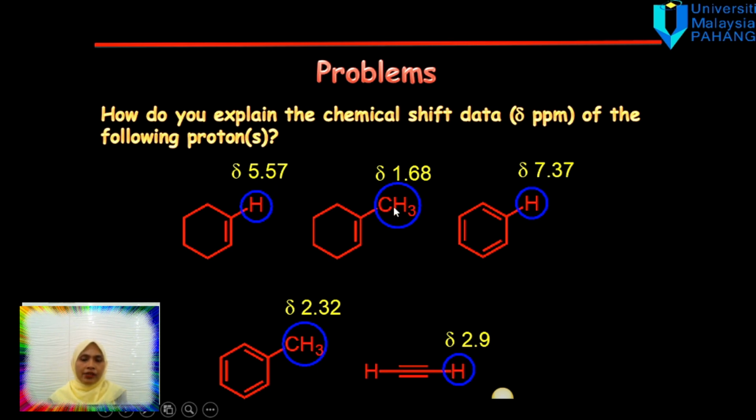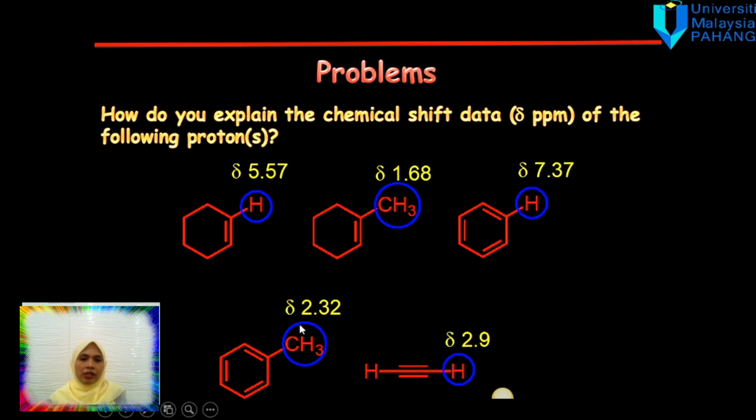And this CH3, the H is not attached directly to the C double bond C, it is attached to the C for a saturated compound, that's why it becomes more upfield. This H is directly attached to the benzene ring, becomes more de-shielded, and this proton is attached to the C for a saturated proton and is considered a saturated proton.